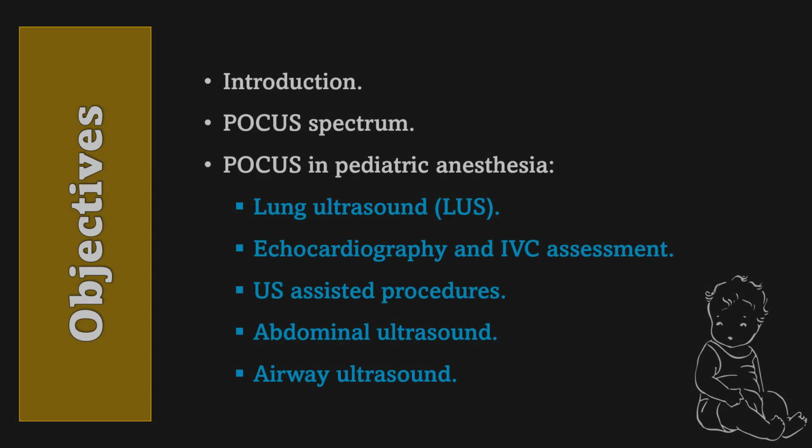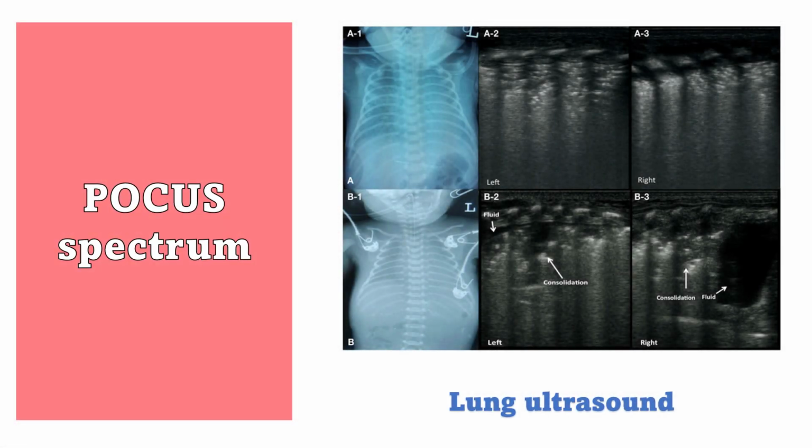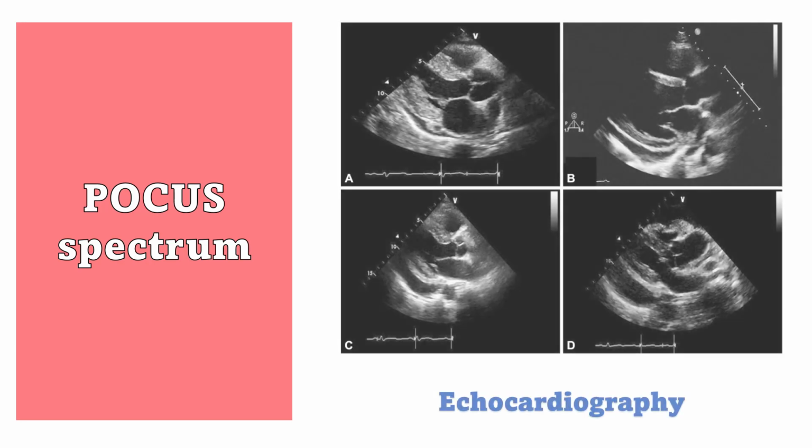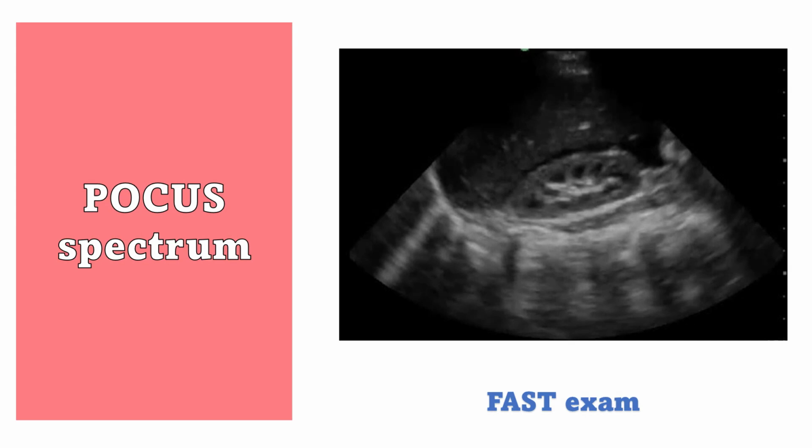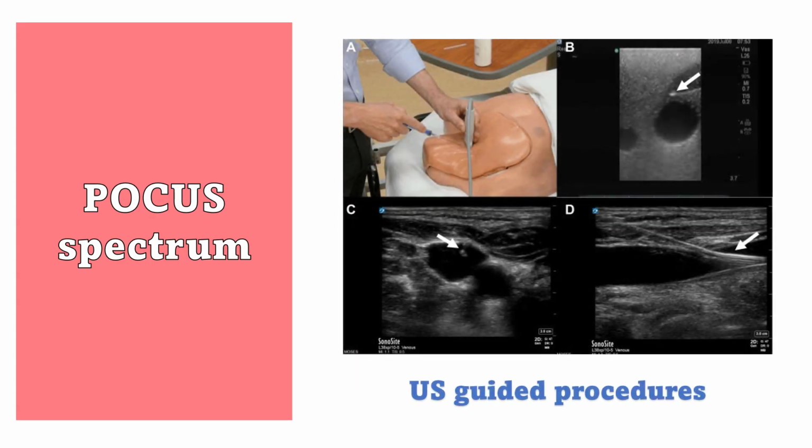The spectrum of point-of-care ultrasound, what we can use the ultrasound for in the pediatric population: we can use it to examine the lung. We can do an echocardiography, inferior vena caval assessment for fluid responsiveness. We can use FAST examination to diagnose an abdominal collection or to follow up an abdominal collection after trauma.